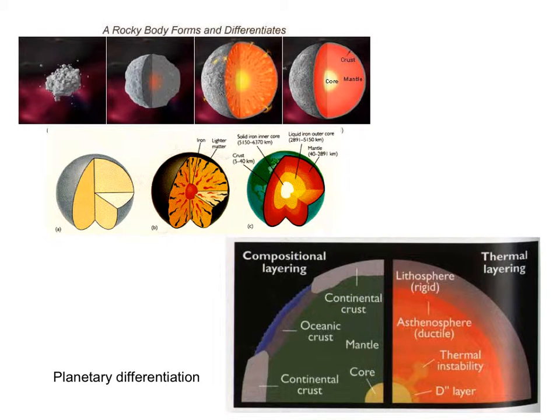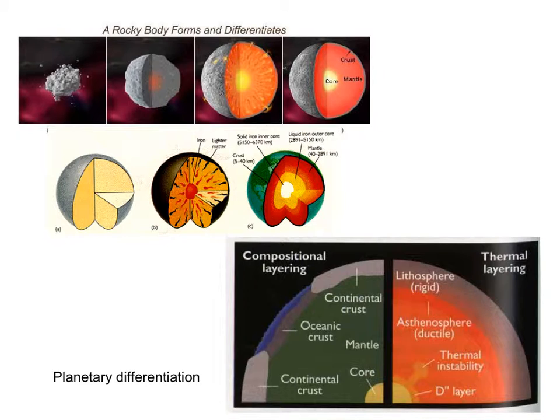So I want to pull out one specific topic from the core processes material, and that deals with Mars' magnetic field. We already talked about this a little bit in going over the quiz.